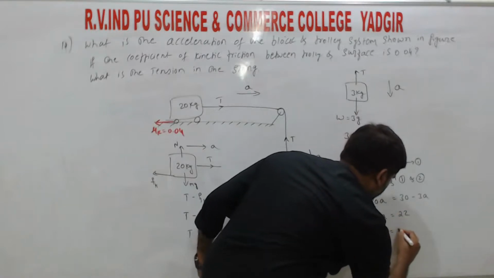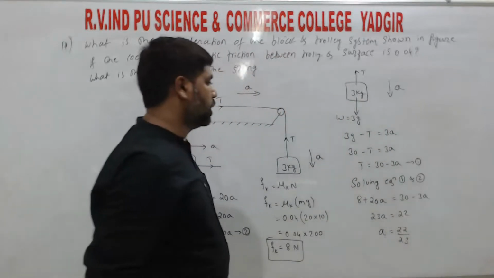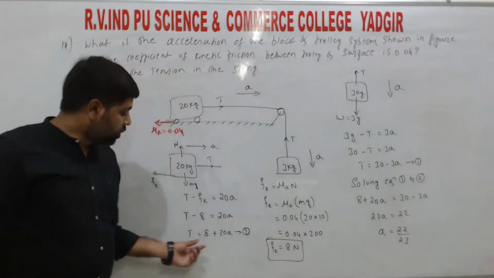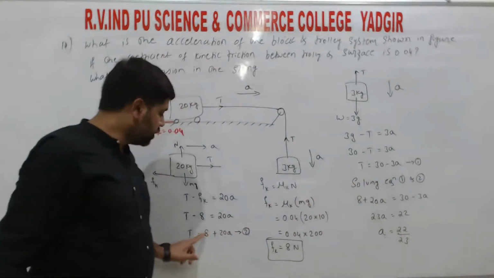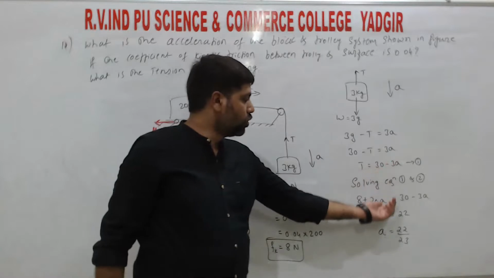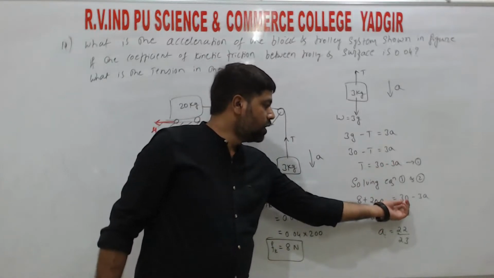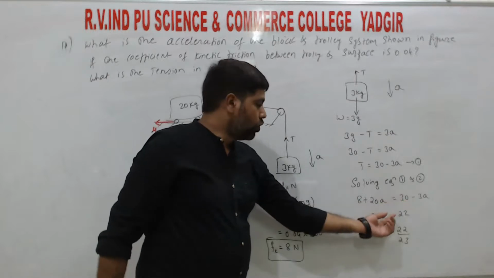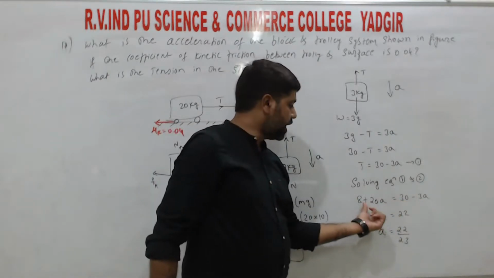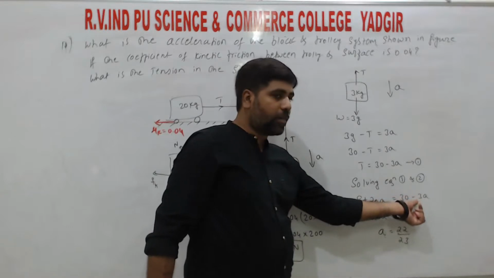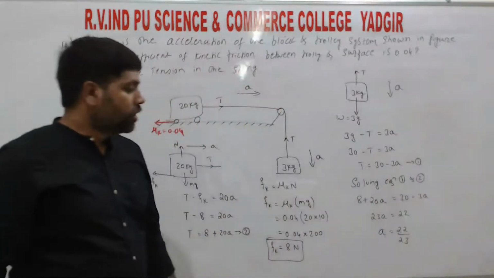So a is equal to 22 by 23. From equations 1 and 2, the LHS has T here, and here also the LHS has T. So if both LHS are the same, we can equate the RHS, so equating the RHS of equation 1 and the RHS of equation 2. So when 3a shifts to the LHS it becomes plus, 23a, and 8 shifts to the RHS and becomes minus 8, so 22. So a is equal to 22 by 23.